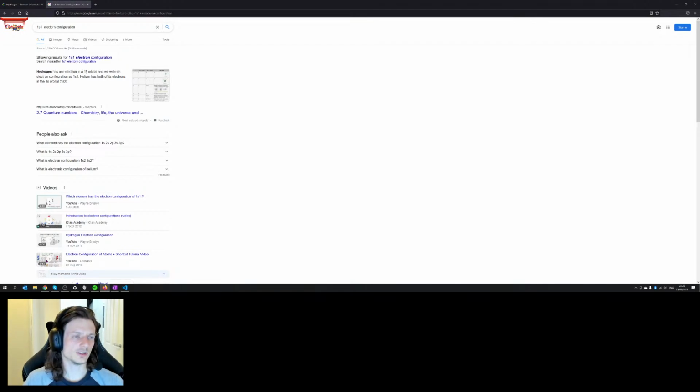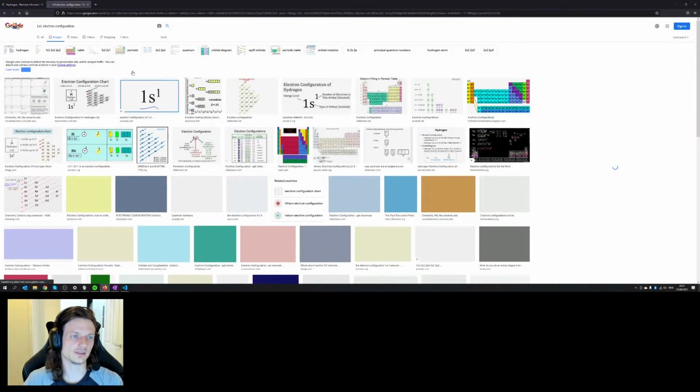Hydrogen has one electron in a 1s orbital, and we write its electron configuration as 1s1. Helium has both of its electrons in the 1s orbital, so it has two electrons. Oh, it's in the 1s, and there are two electrons. I see. Okay.